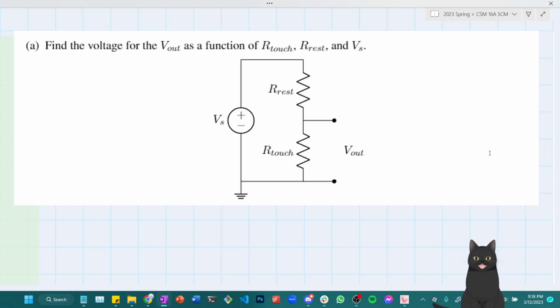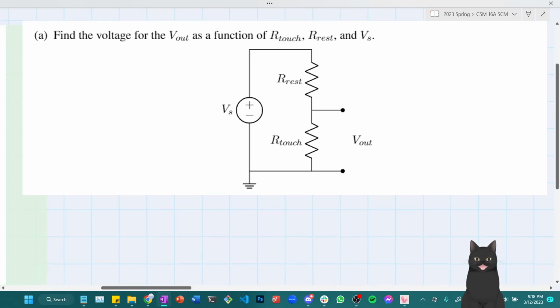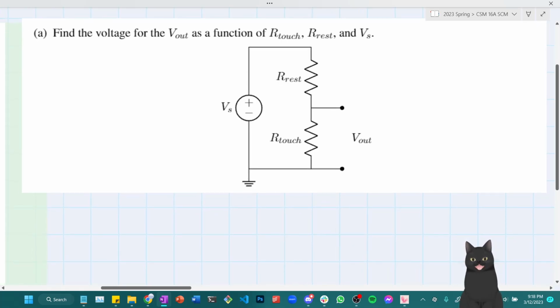Alright, so our first question, we're going back to a more fundamental section of nodal voltage analysis, which is to find the voltage V out as a function of our touch and our rest. So we can really quickly see that this structure resembles a voltage divider.